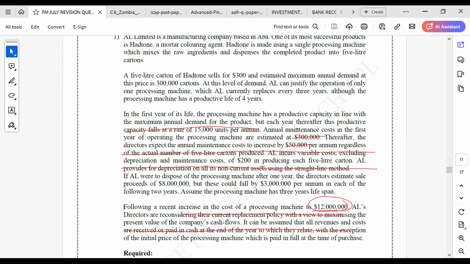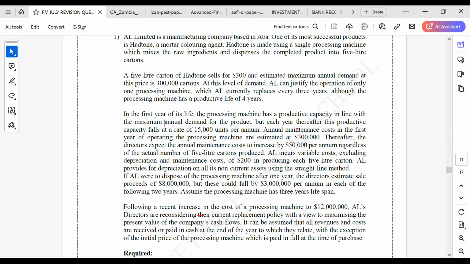So you can use the 12 million as the purchase price of the machine, because there is nothing given to us over here about an existing machine and the price it was purchased at. So with all this information given to us, we need to purchase the machine first before we start the production.